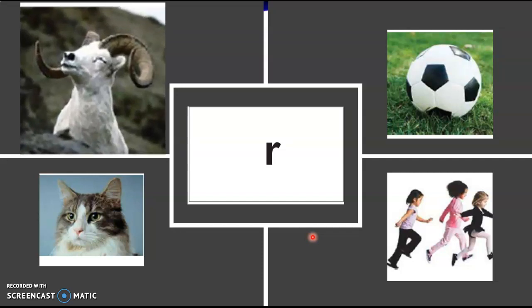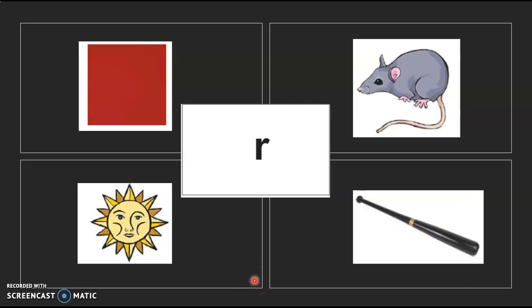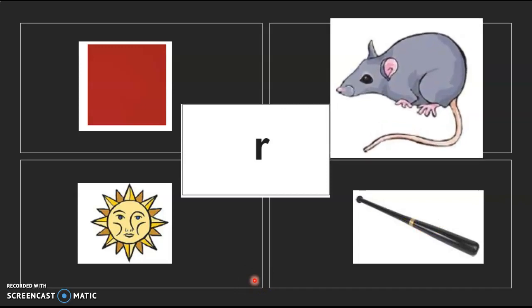Ram starts with R. Let's try to find another word that starts with R. Okay? Is it square, rat, sun, or bat? What starts with R? Rat.